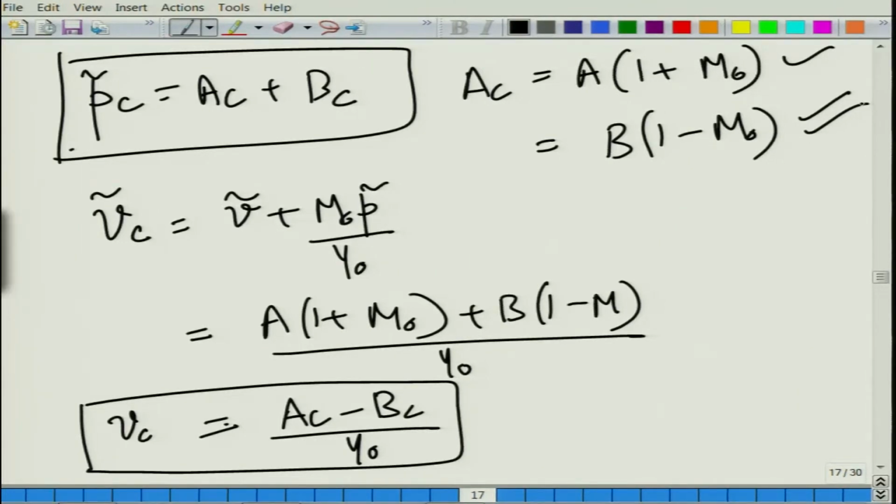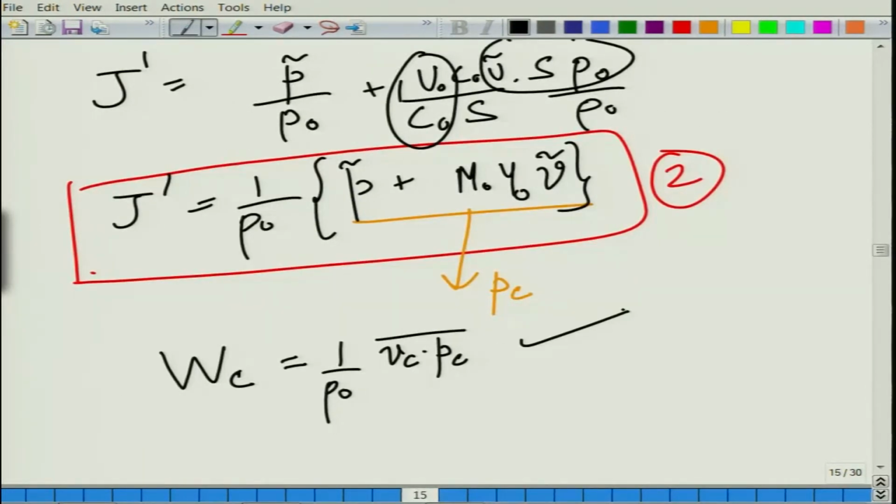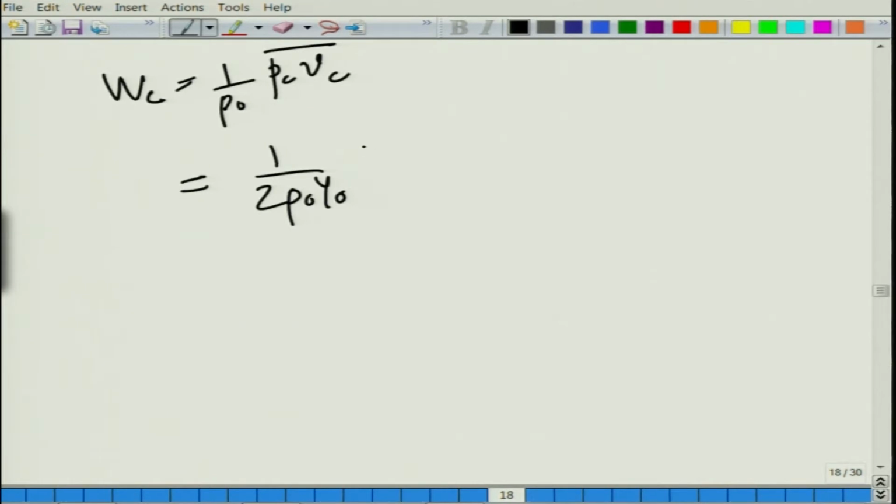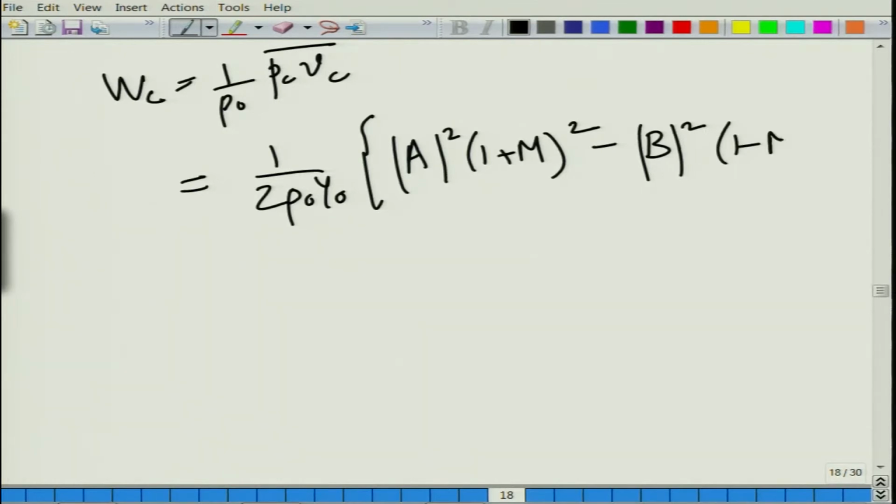Now, clearly we would again go back to this particular expression and relate or write down the acoustic total energy flux that is coming out of the duct in terms of this. So, we saw in the last class that Wc was this, which we just saw now, but what I am saying is that we saw that this was nothing but this thing.